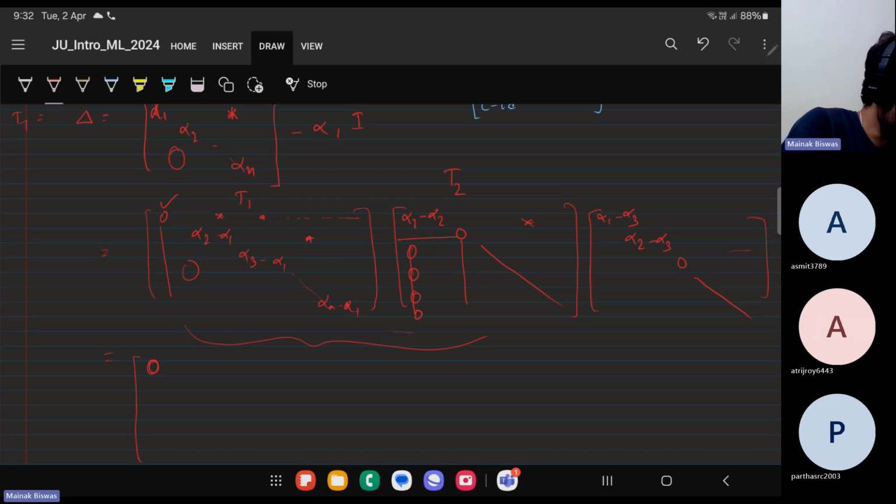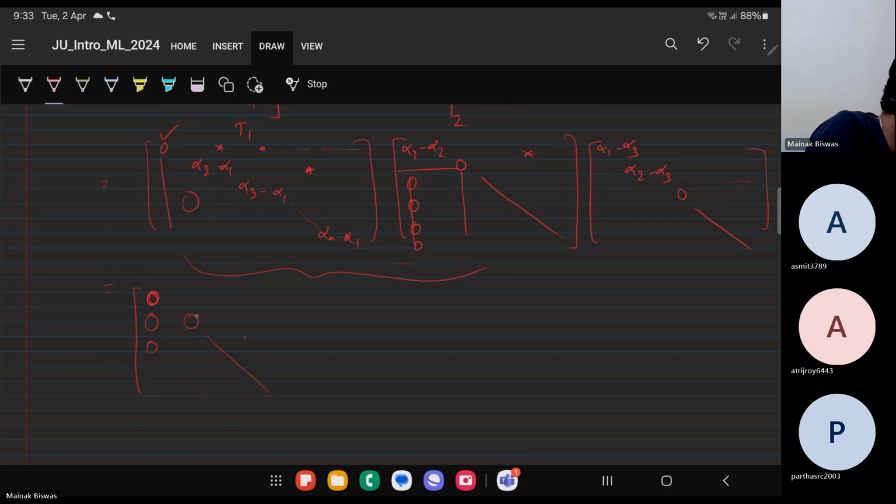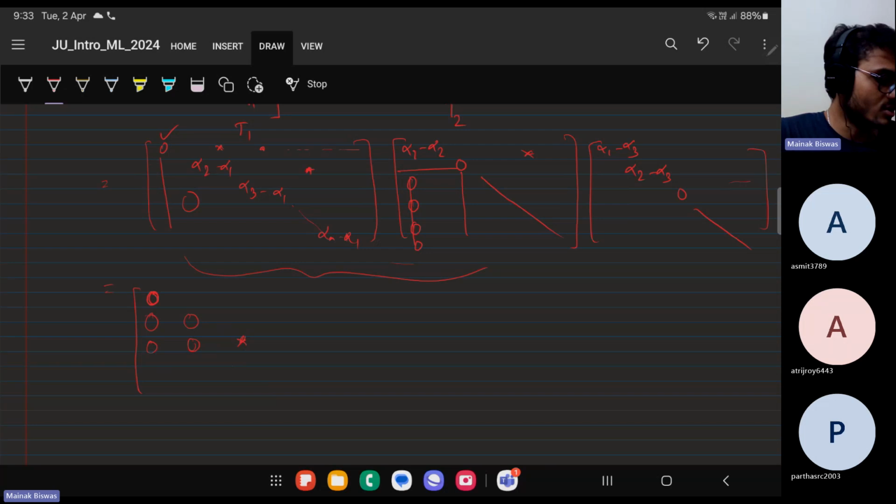Similarly, what would be the value of the second row? The second row is already 0. Then you will have these elements, some element star will be here, and it's going to be 0. Yes or no?